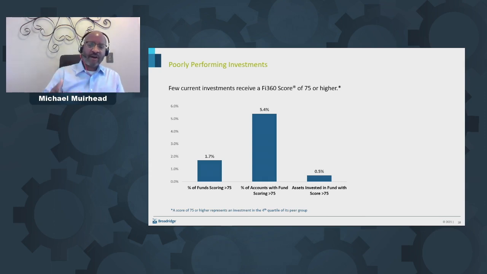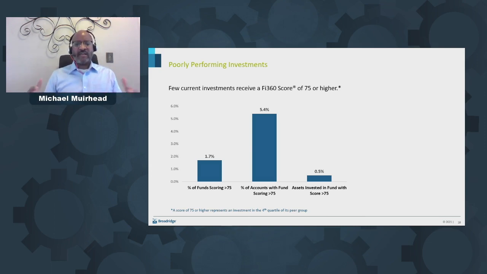As part of our assessment process, we typically take a look at a sampling of the client portfolios and the due diligence process and reporting process that the advisory firms are using and run them through our FI360 mutual fund and ETF analyzer.